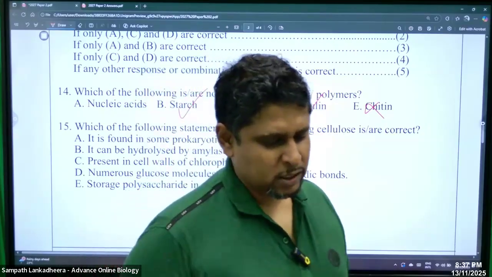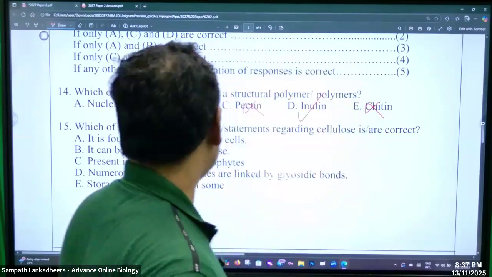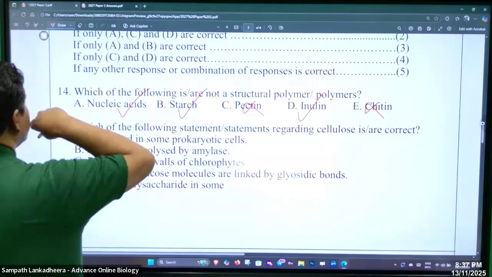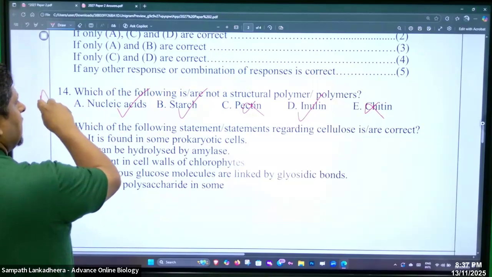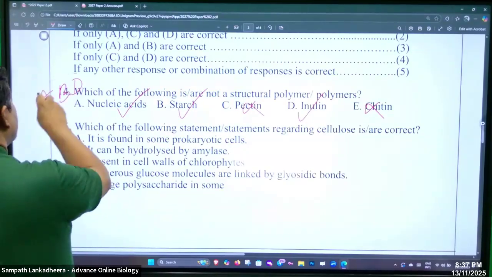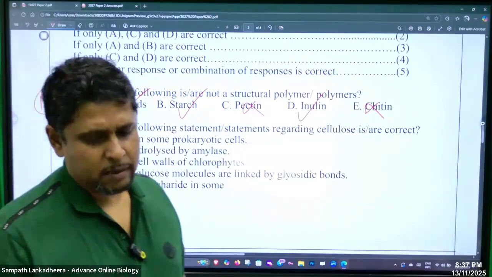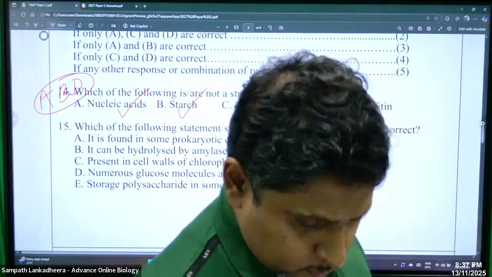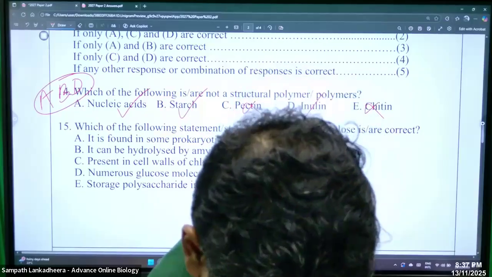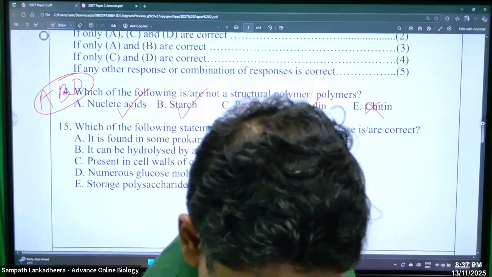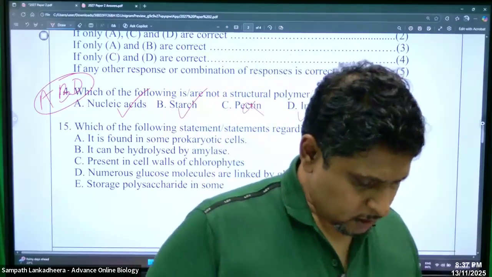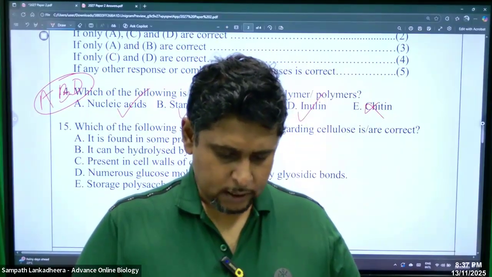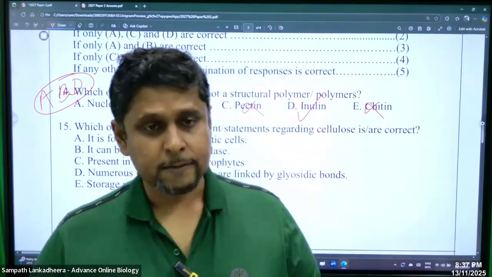So I'll take the first one also as correct. The answer is A, B and D, so I'm changing the marking scheme. ABD, the first one, is the answer.